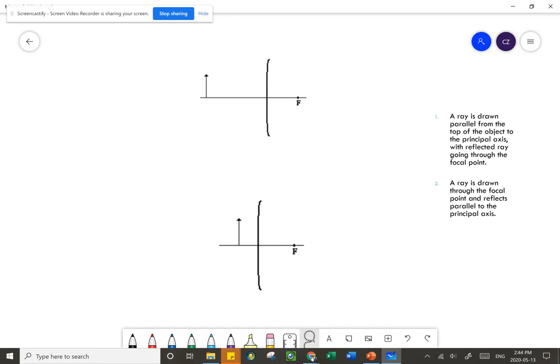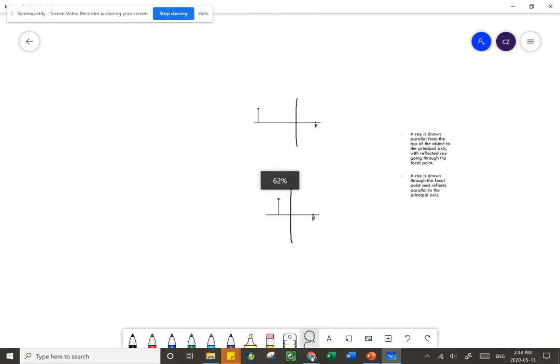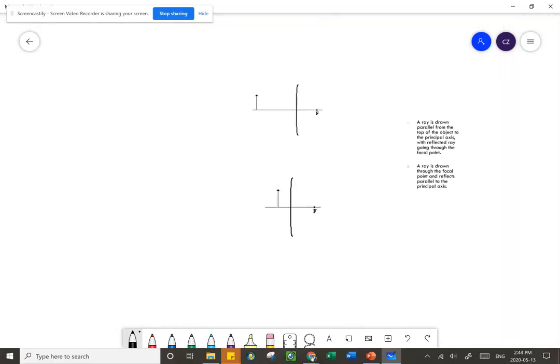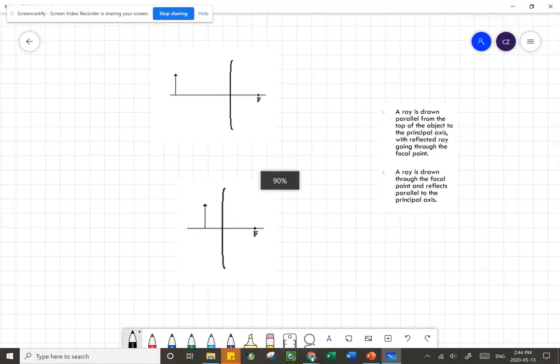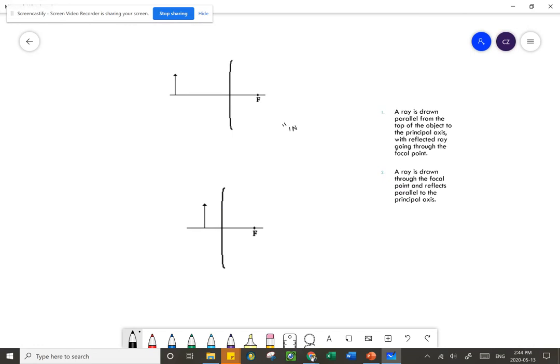The first thing it says is a ray is drawn parallel from the top of the object to the principal axis. Now remember, in a curved convex mirror, like we're learning about, the focal point is going to be on the inside of the mirror. We call this side the inside of the mirror, and we call this side the outside of the mirror.